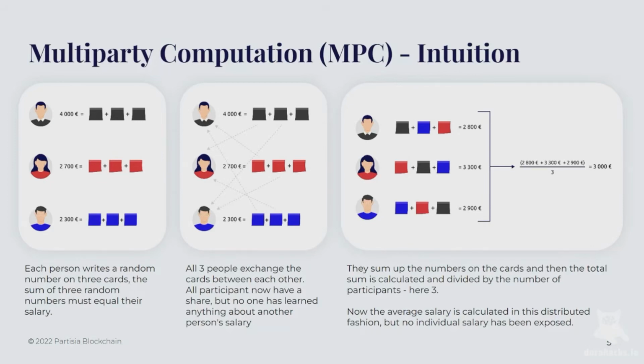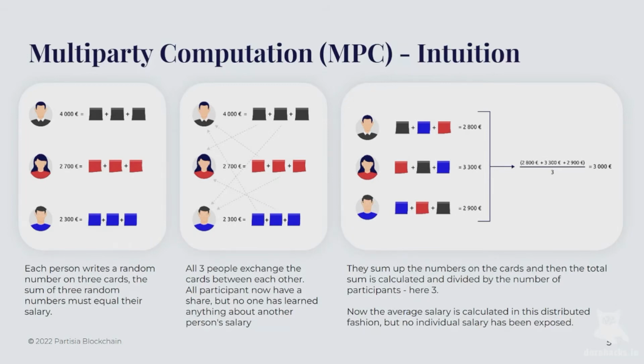So the method that can be used is, well, if each person actually takes 3 cards and puts a random number on each of the cards, but the sum of the numbers is actually their salary. And then they exchange those cards in such a way that they give 1 card to each of the other 2 people.